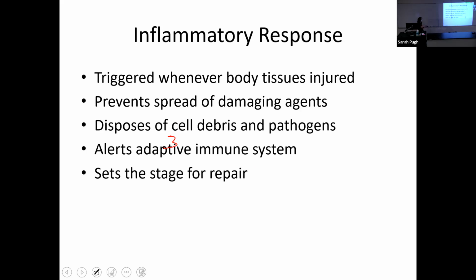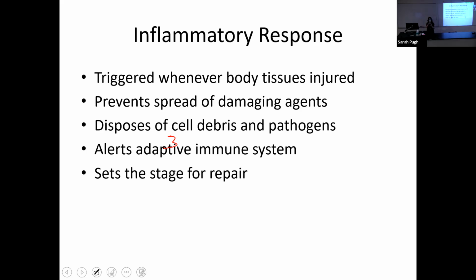So remember when I walked through our first, second, and third line of defense, and I told you that in reality, if something makes it through your first line of defense, the second and third line of defense are pretty much activated at the same time. This is why. The inflammatory response is so helpful in that as soon as it is activated, it also activates your third line of defense.